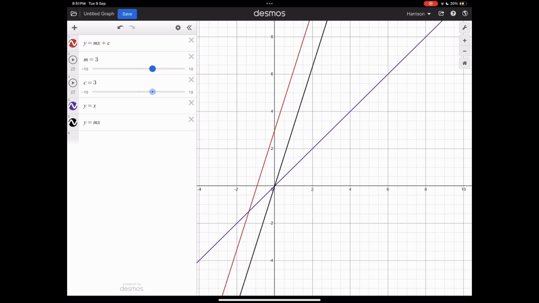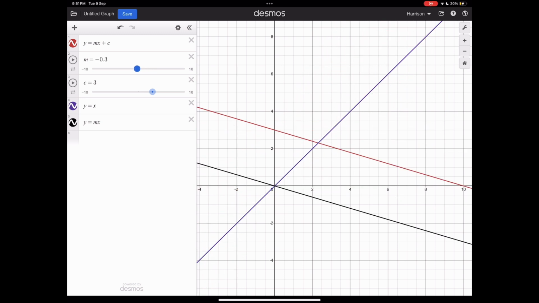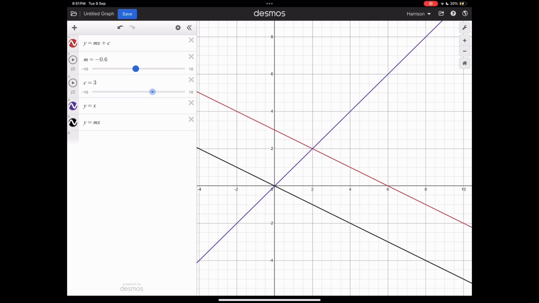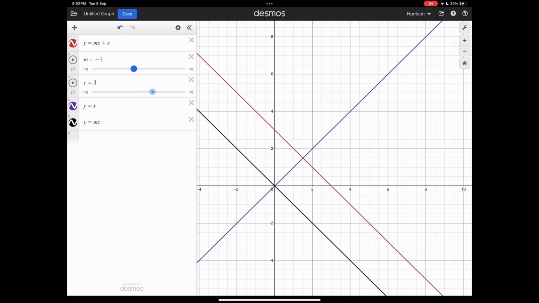And another important thing is what happens at 0 gradient. 0 times x is 0, so it's a flat line. And then if we go into the negatives, they'll go downwards, right?